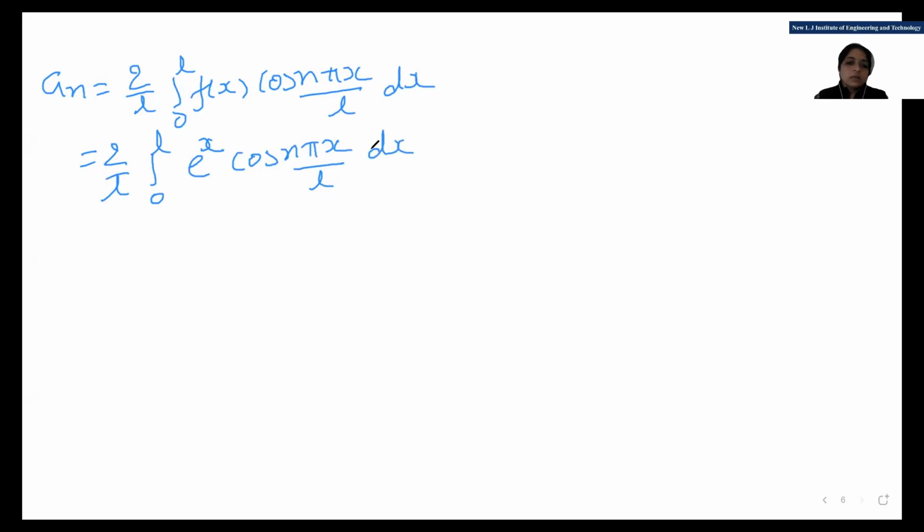Okay, students, in this case, now I want answer from your side. What is our A and B? If I compare this integral with e raised to ax cos bx dx, then give me the answer. What is the value of A?